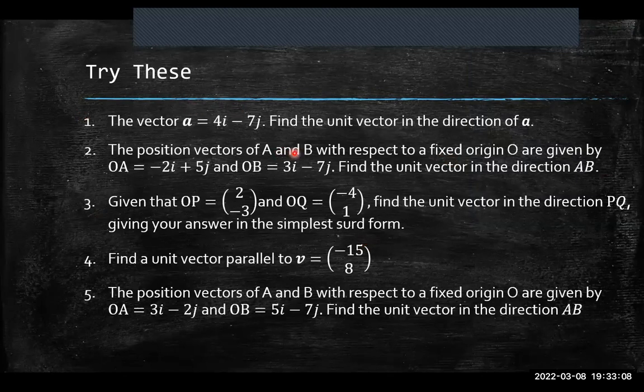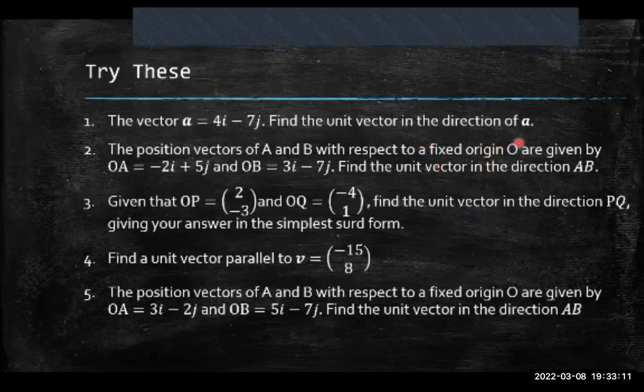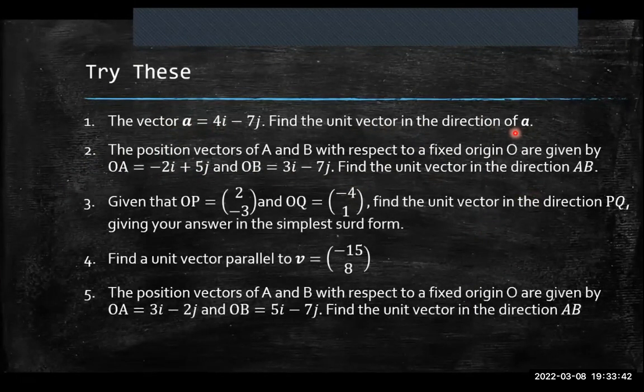The position vectors of A and B with respect to a fixed origin O are given by OA is equal to -2i hat plus 5j hat, and OB is equal to 3i hat minus 7j hat. Find the unit vector in the direction AB. And I was telling you, unlike this one, they just gave me one vector, so vector A, and I needed to find the unit vector in the direction of A. So that's why I found the magnitude of the vector A, and then I did whatever else.